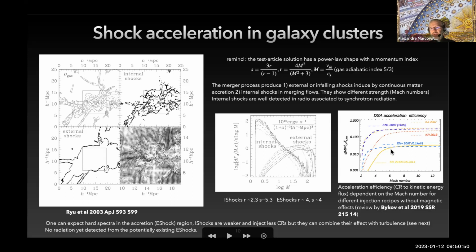And you see clearly, depending on the model, you have some scattering, but for low Mach shocks, you have a very low injection efficiency of particles, which questions the capability of these internal shocks to accelerate particles from what we call the thermal pool. And we will have a talk by Pratik in the next talk. He'll discuss this aspect.